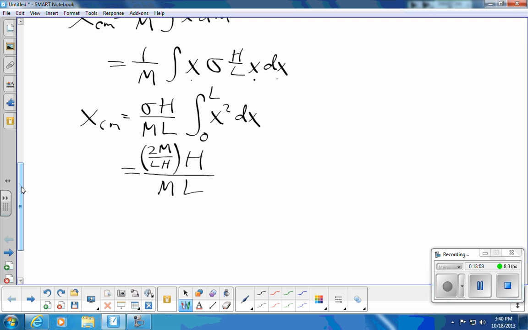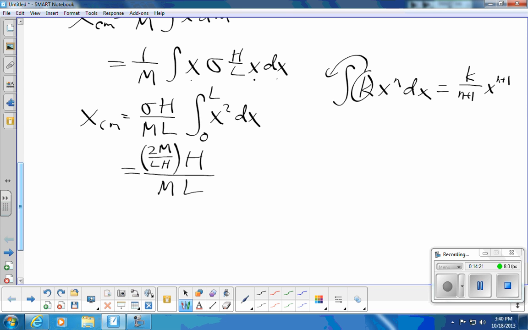Okay, this is of the familiar form now of k x to the n, and the integral of k x to the n times dx is equal to k over n plus 1 times x to the n plus 1. We've actually taken all the constants out already, so we don't have to worry about that.